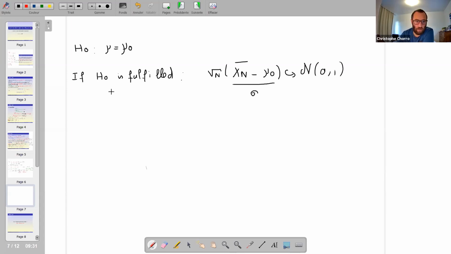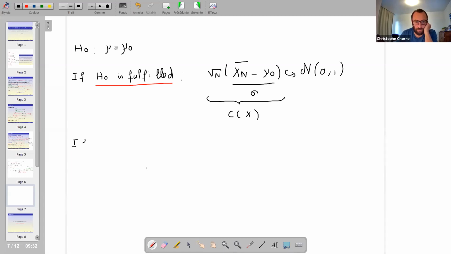So if I am under the hypothesis H0, this quantity here follows the N(0,1). And I will denote this quantity by C of X.